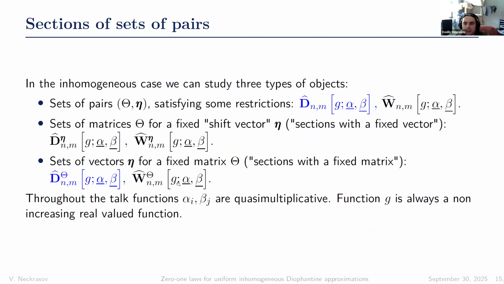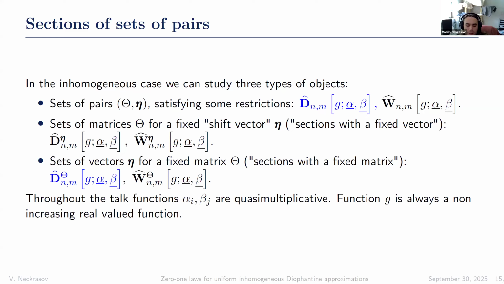Okay, finally, finishing the setup section, we will not just consider the sets of pairs theta and eta, but we will also consider the sets where we fix one of them. So unlike the homogeneous approximation where we just care about matrices, here we can just from the start have three different setups.